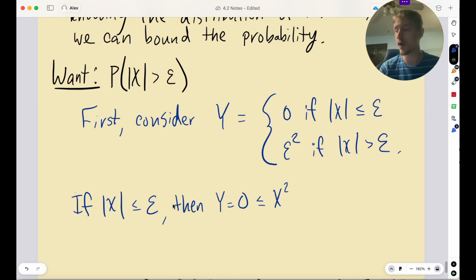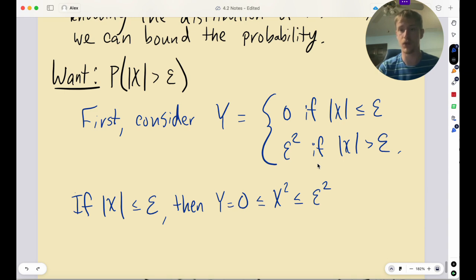If y is equal to 0, then the absolute value of x has to be less than or equal to epsilon. Well, that implies that x squared, which we've said is greater than or equal to 0, has to be less than or equal to epsilon squared.